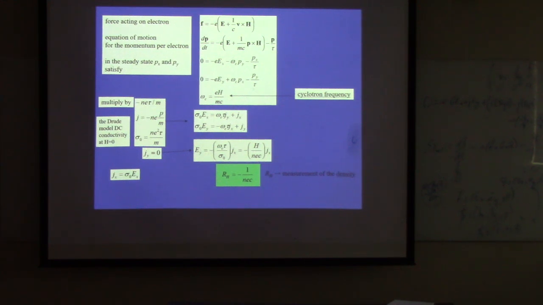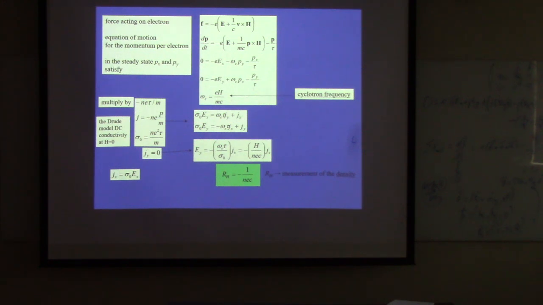You can easily show this. If you have a perpendicular magnetic field, the force is going to be eVB, right? That should be equal to the centripetal force, since a cyclotron orbit means it's going in a circle, given by mass times V squared over R. From here you can calculate V as eB over M, right?